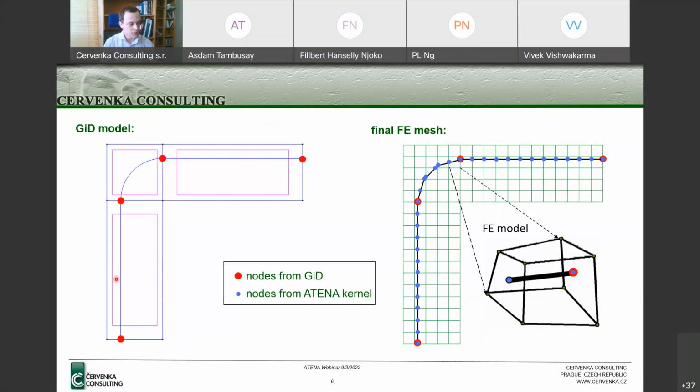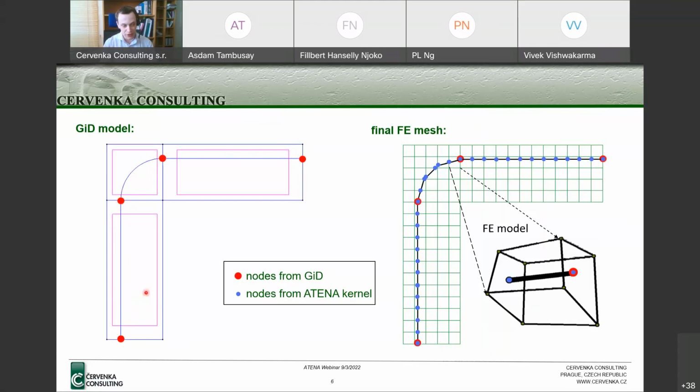So from the GID preprocessor, which is used for the modeling and generating the input files for ATENA, I will probably get these 4 points connected by line elements, and the meshing from GID will be probably these 3 elements.